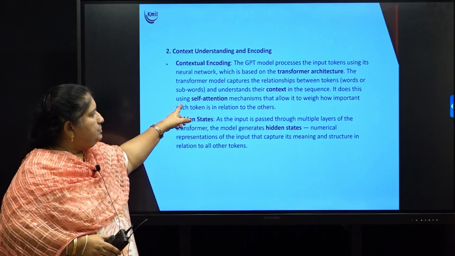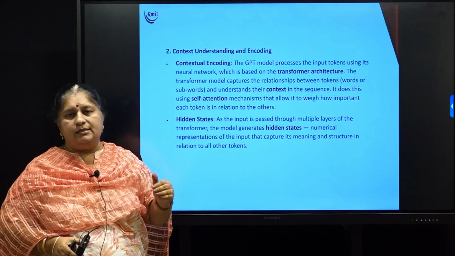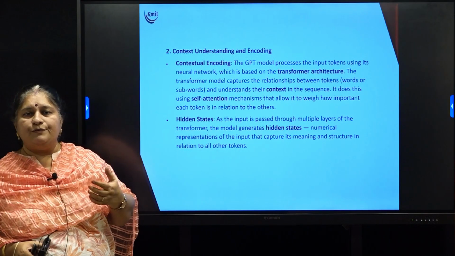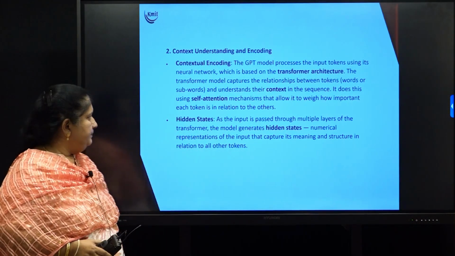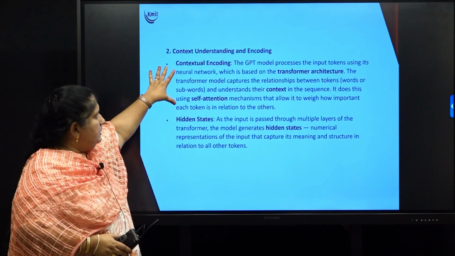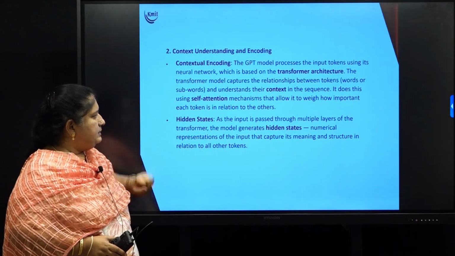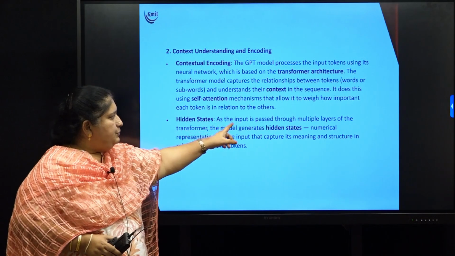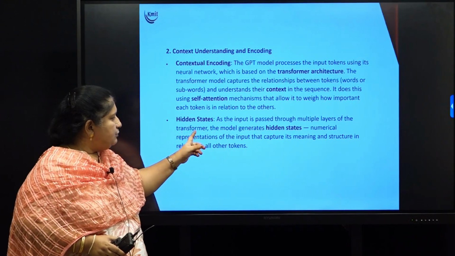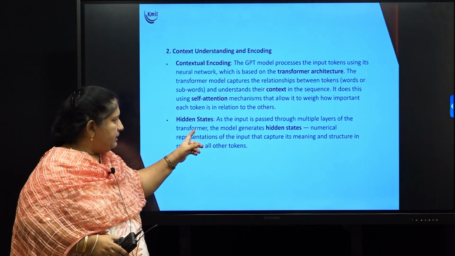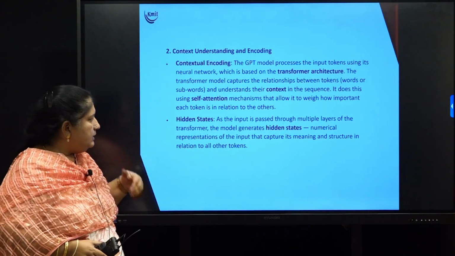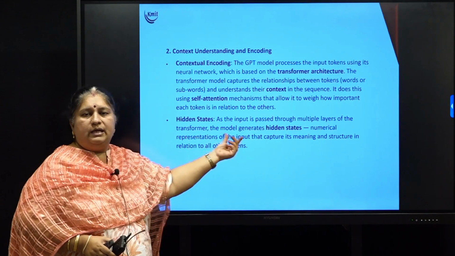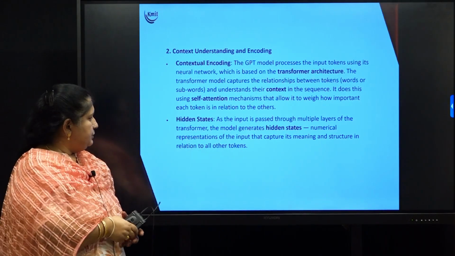And in order to give weights and see the importance of each and every token, it uses the self-attention mechanism. Then after the contextual encoding is done, we get hidden states. As the input is passed through multiple layers of the neural network or transformer, the model starts generating hidden states. What are hidden states? They are the numerical representations of the inputs.